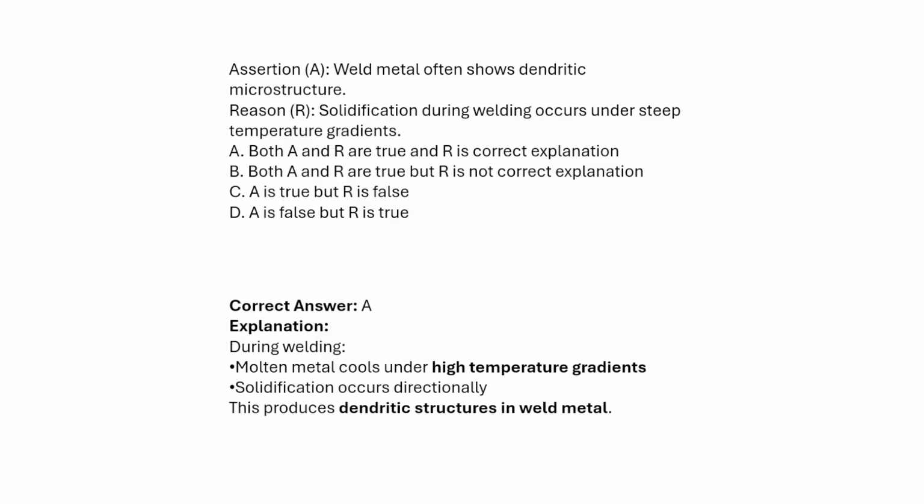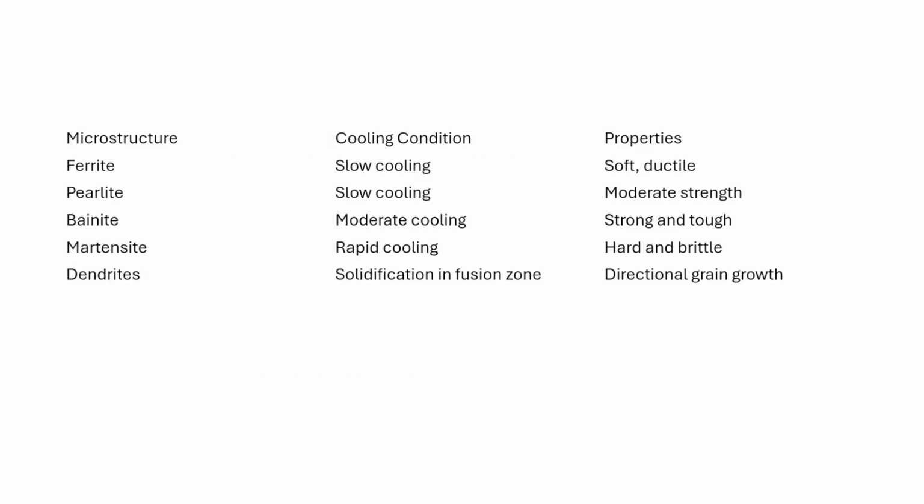B, both A and R are true, but R is not the correct explanation. C, A is true, but R is false. D, A is false, but R is true. Both are correct actually. During welding, the molten metal cools under a high temperature gradient and solidification occurs directionally. This process creates a directional microstructure in the welded metal.